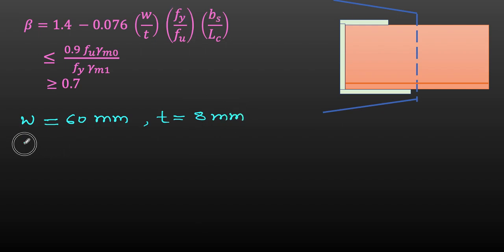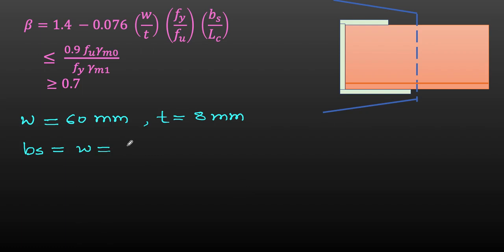Let me consider Bs. Now, what is this Bs? This Bs is the shear lag width. What is mentioned in the clause? It is the shear lag width. If you refer to figure 6 of IS 800, this Bs is equal to W when the section is connected by welding.